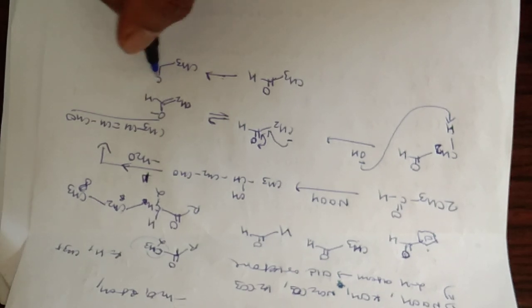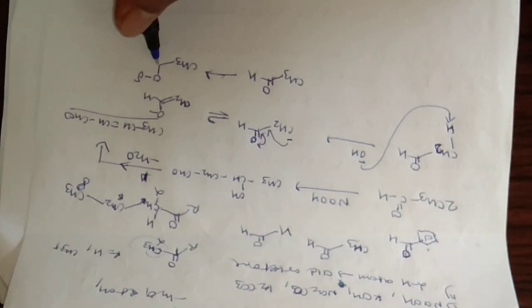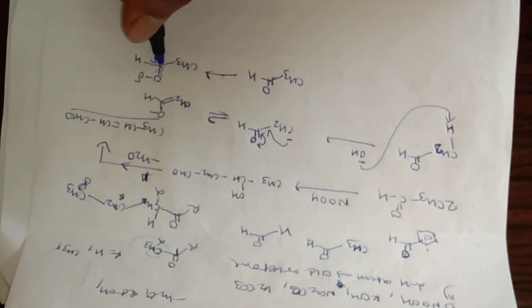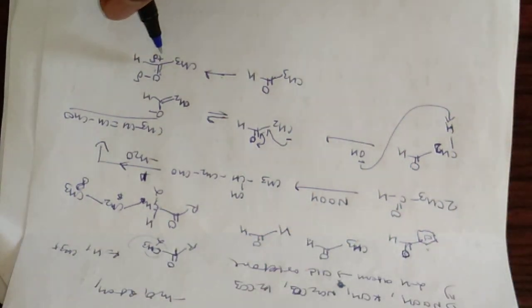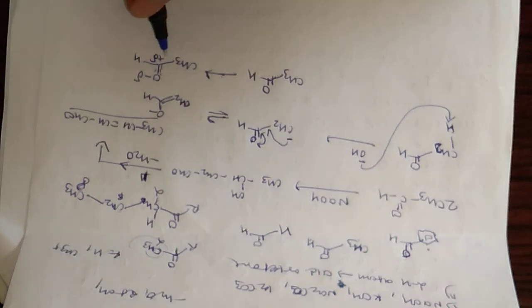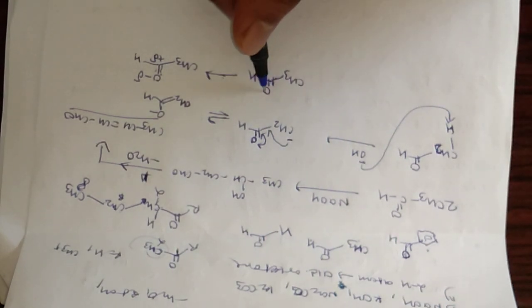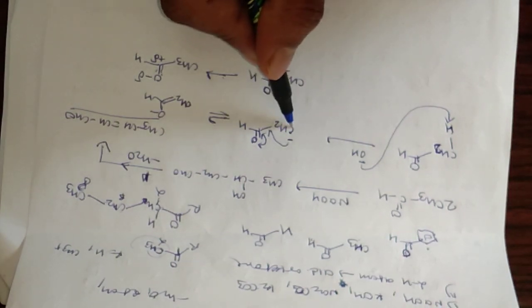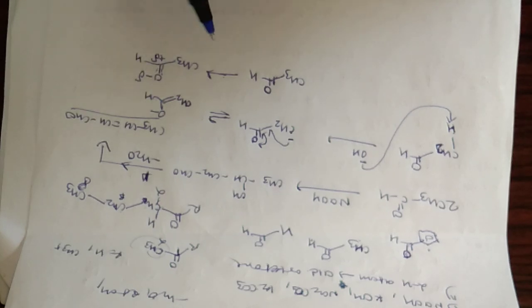CH3, here O minus partial negative, and here a partial positive charge comes on that carbon, so it is electropositive. So a nucleophile can attack on that carbon, but which will attack? This carbon negative, or the oxygen negative?